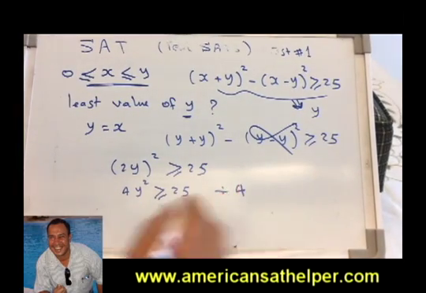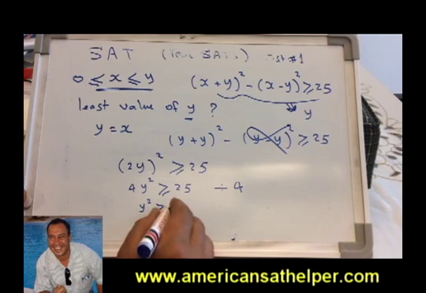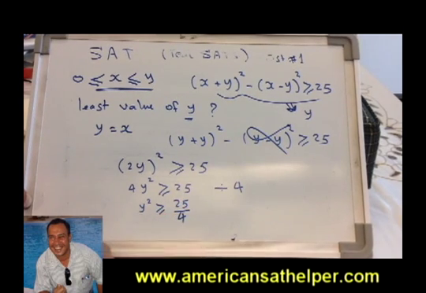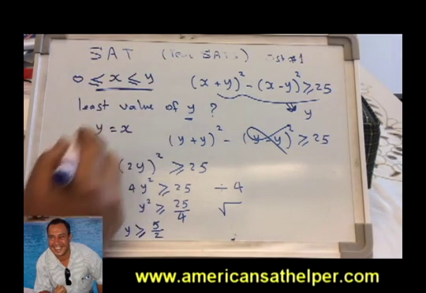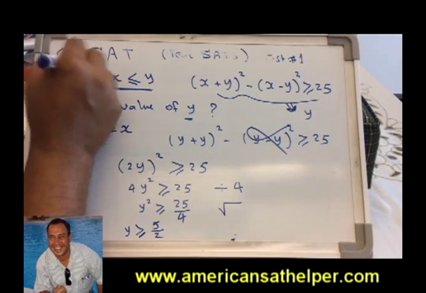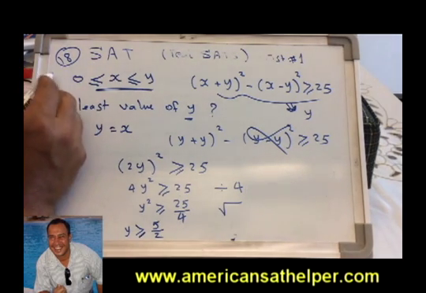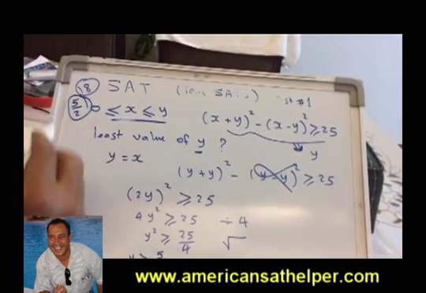Dividing both sides by 4, y squared greater than or equal to 25 over 4. By taking the square root of both sides, you will get y greater than or equal to 5 over 2. This means the least value is when y equals 5 over 2. So the answer of question number 18 is 5 over 2.